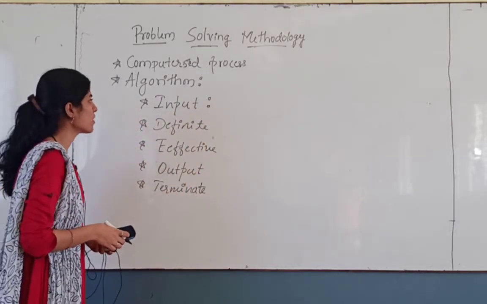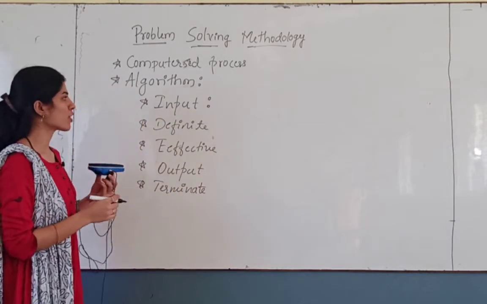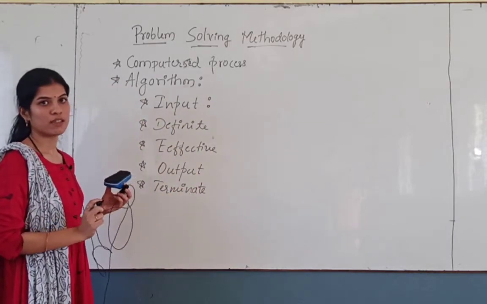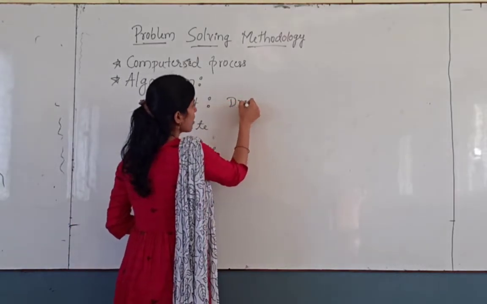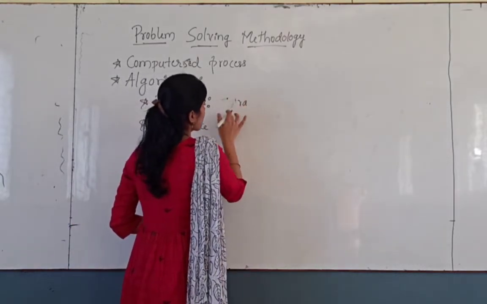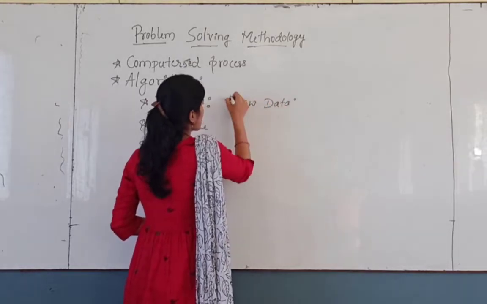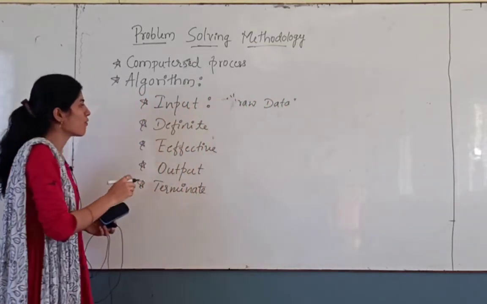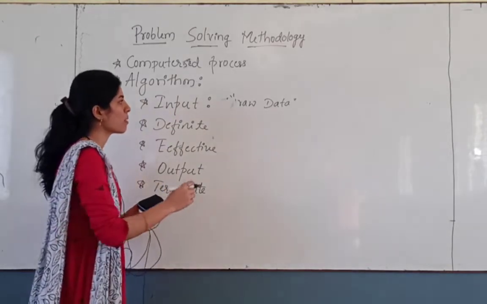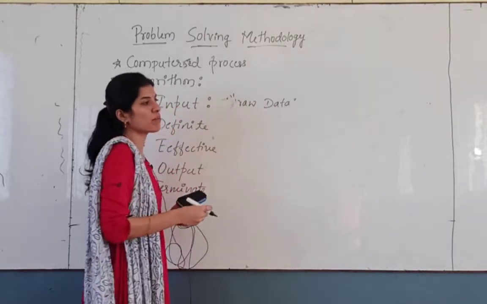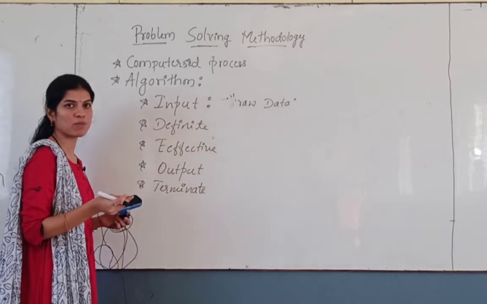Input is the data which we have to give to solve the problem. It is nothing but raw data. Raw data should be given for coding and solving. It may be one or two variables given for the problem solving.